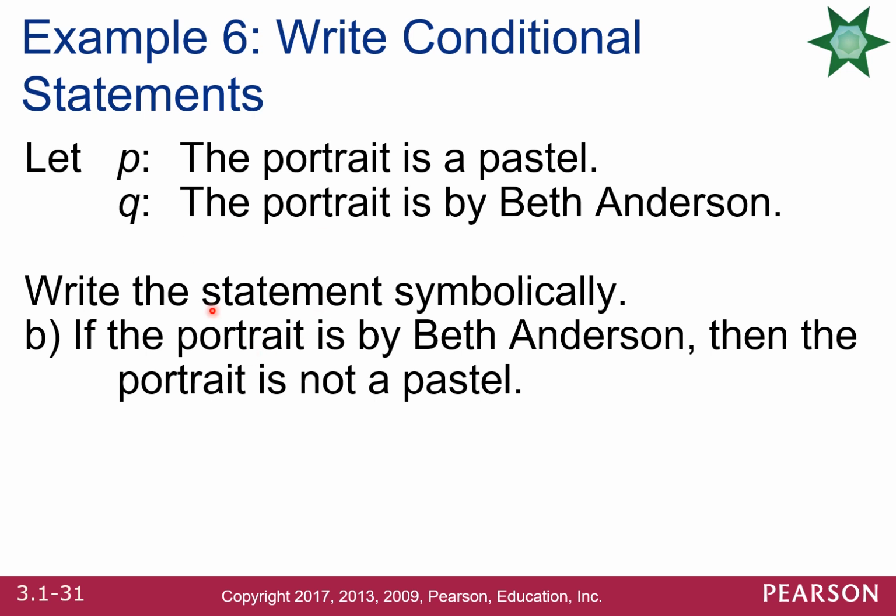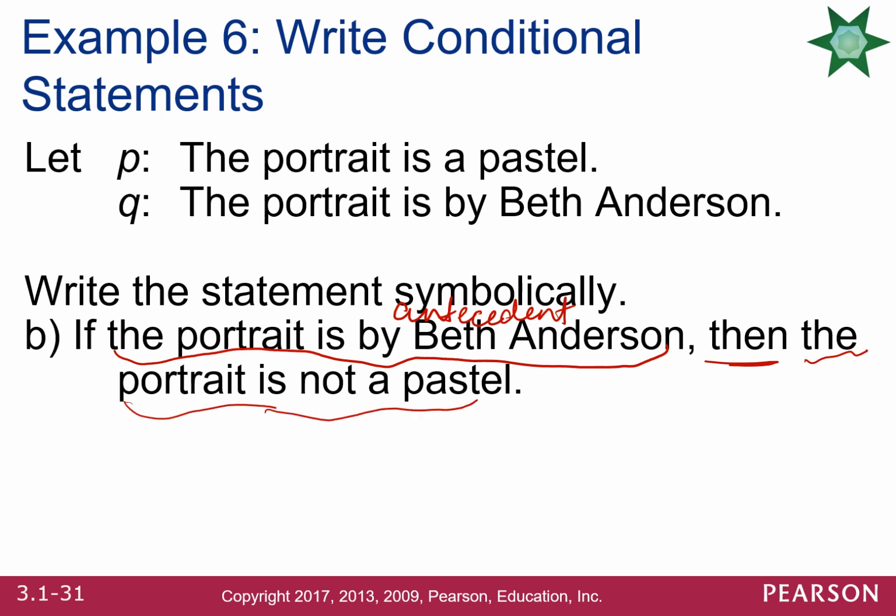Q is the antecedent. This is the antecedent that comes after the if but before the then. And the thought that comes after the then is the consequent, correct? And in this one there is also a not.